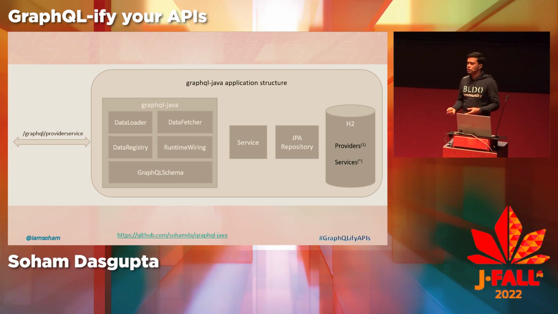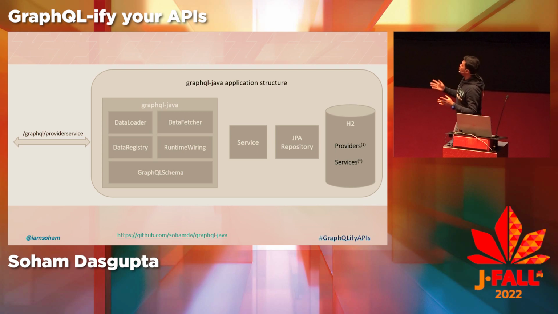A data fetcher is something which fetches your data. Pretty trivial. A data loader is also something which fetches your data, but it has a very specific use case. When you have a hierarchical structure and you're querying a dependent child, then the data loader comes into the picture. And every framework I'm going to show you today has data fetchers and data loaders.